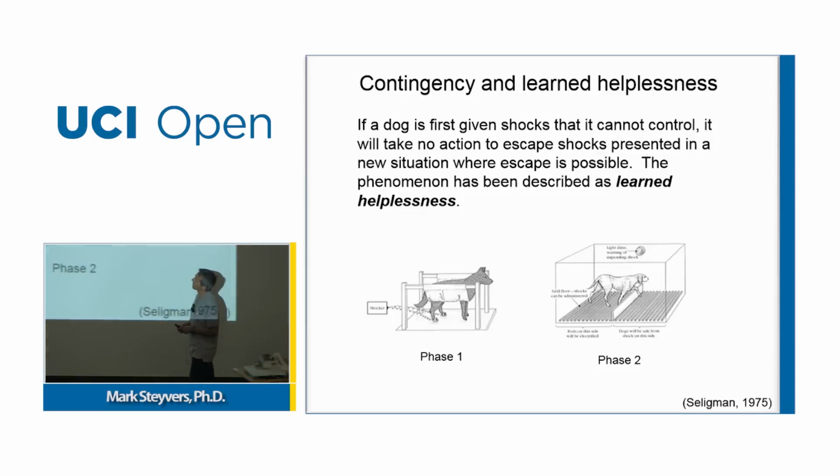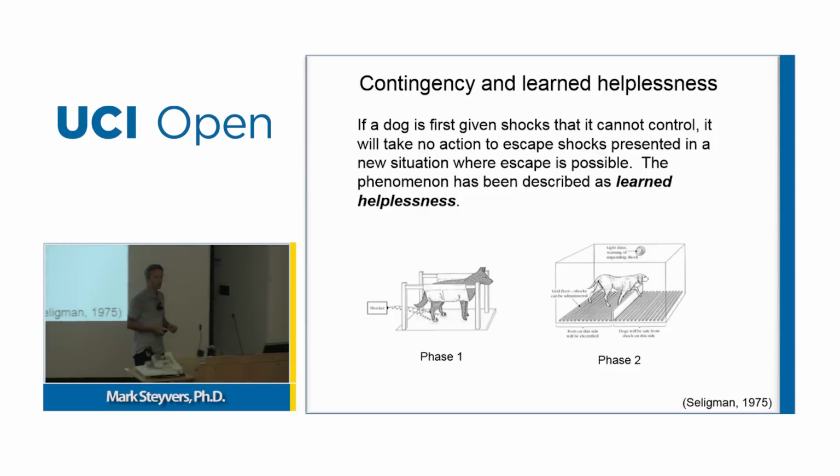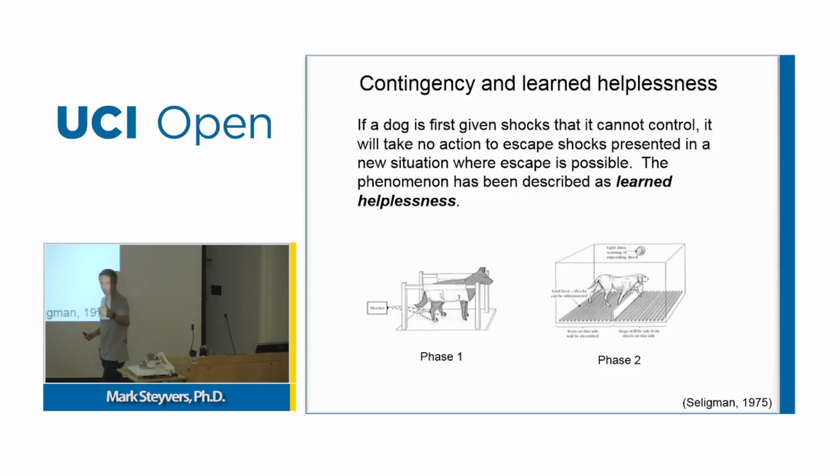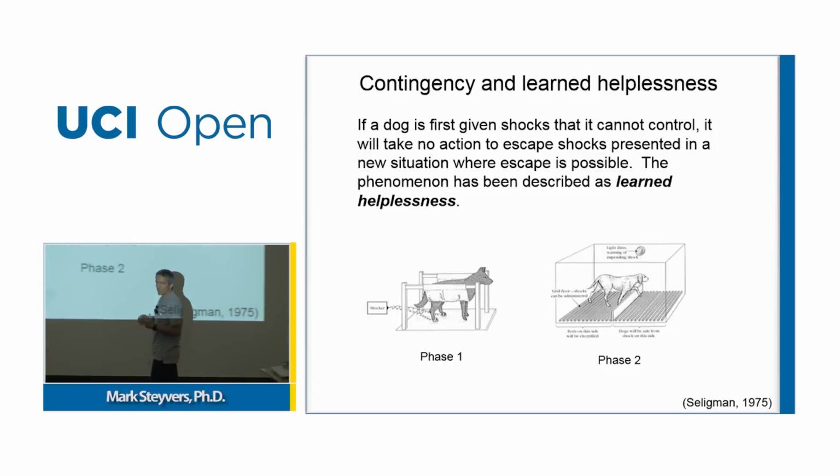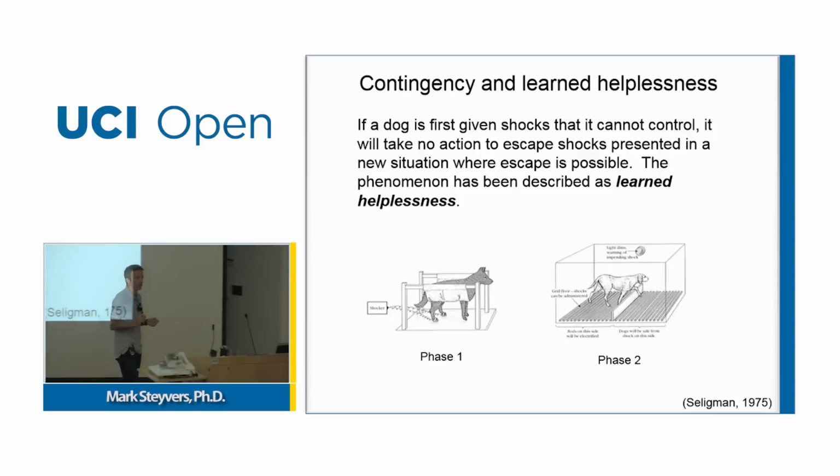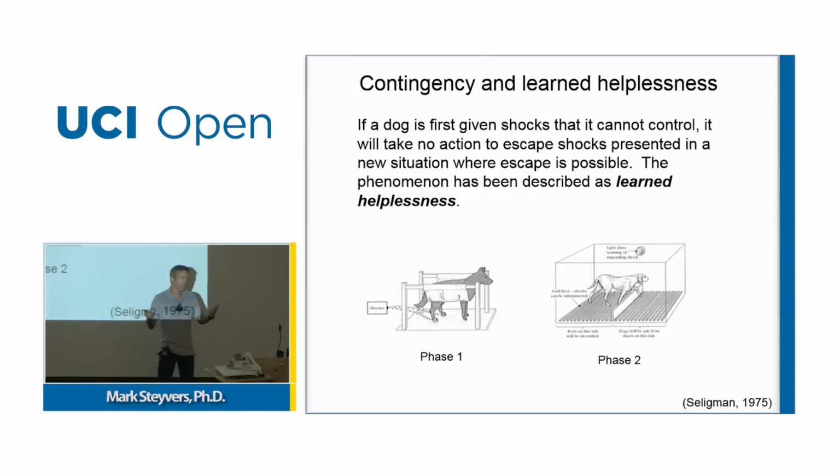I forgot how it works. Another group of dogs, the so-called yoked controls, were paired with another dog that had control, and they received the same number of shocks at the same times, but the dogs in that second group had no control over turning it off. So they received the same number of shocks at the same time, but there was no control for the second group.